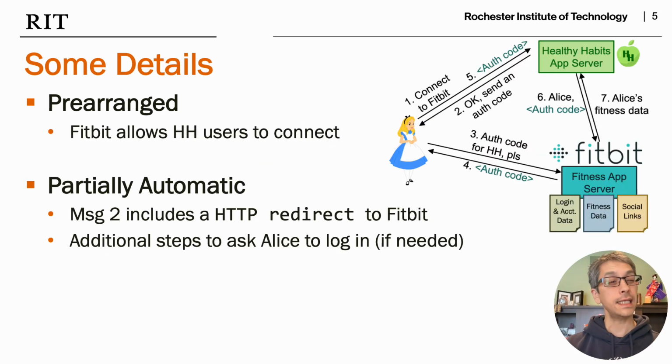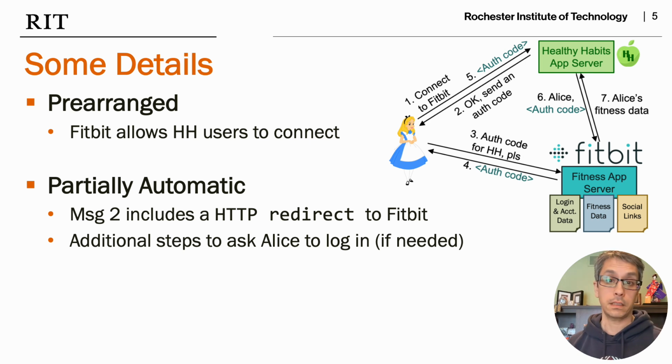All right, so I said that I may have skipped over some details there because I've simplified the protocol. Let's talk about a few of the key details that I've left out. So first of all, it's important to know that Fitbit and Healthy Habits have a pre-arranged relationship here. Healthy Habits has asked Fitbit, hey, I want to be able to provide this for my users. Would you allow it?